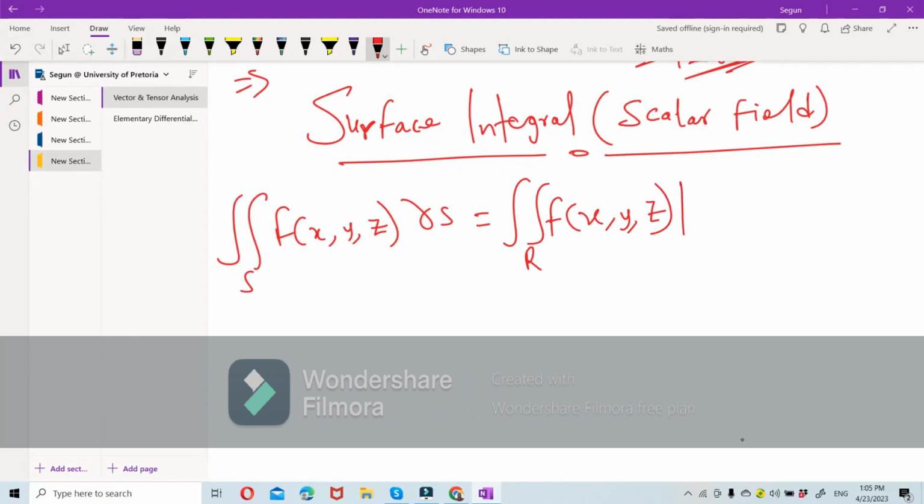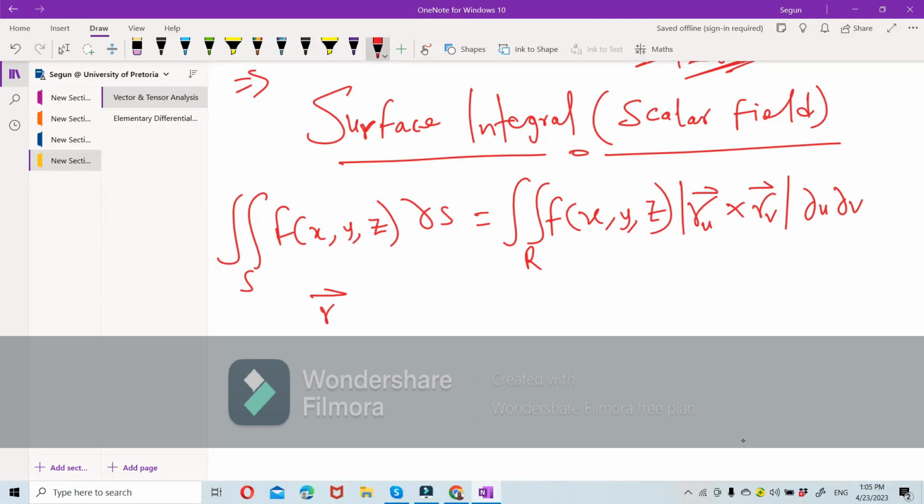Then we multiply by the magnitude of r subscript u cross r subscript v, du dv.